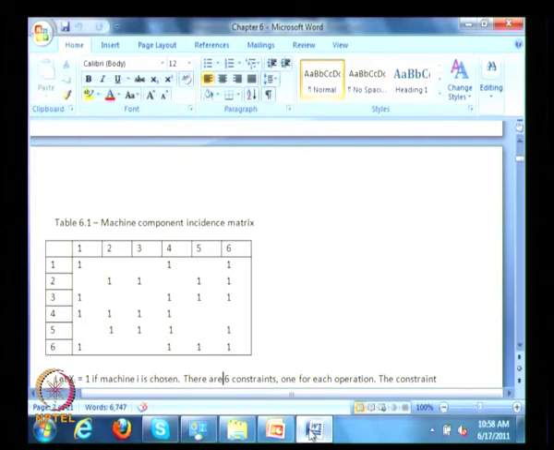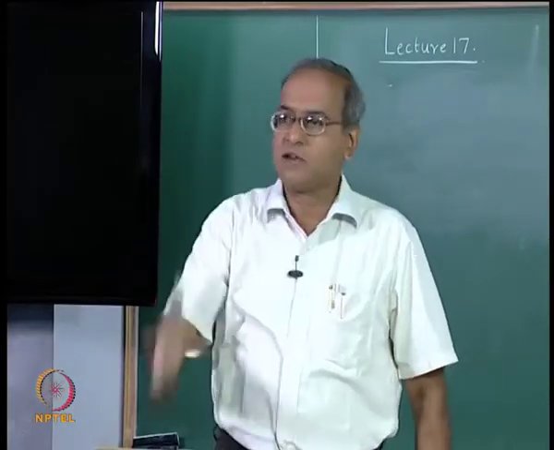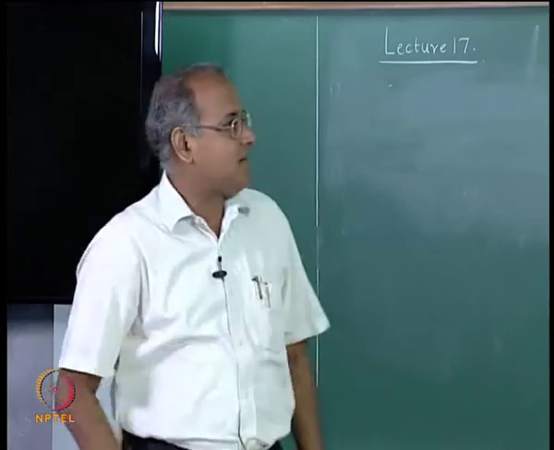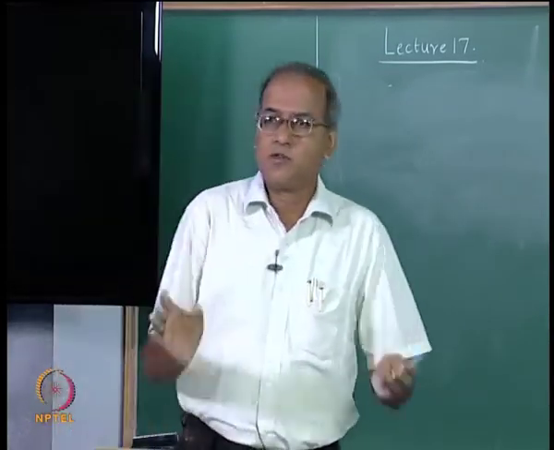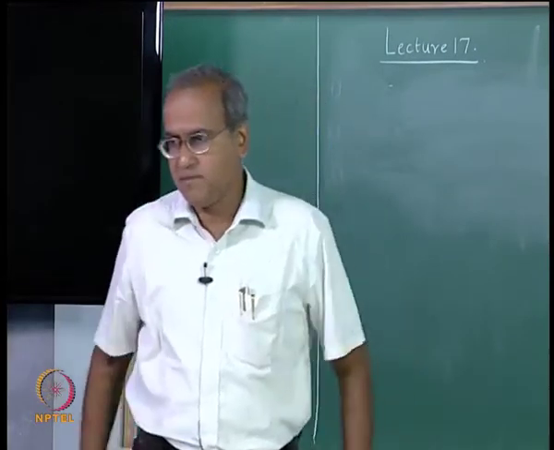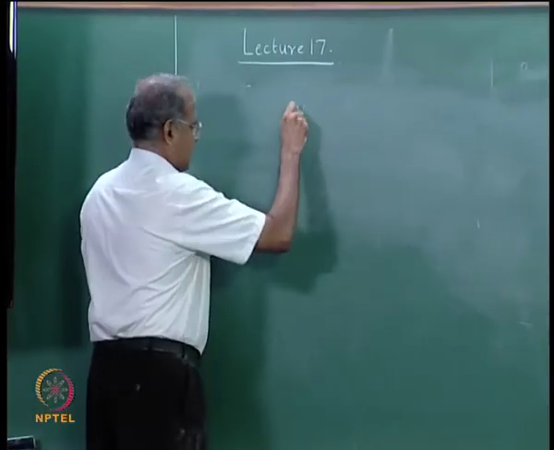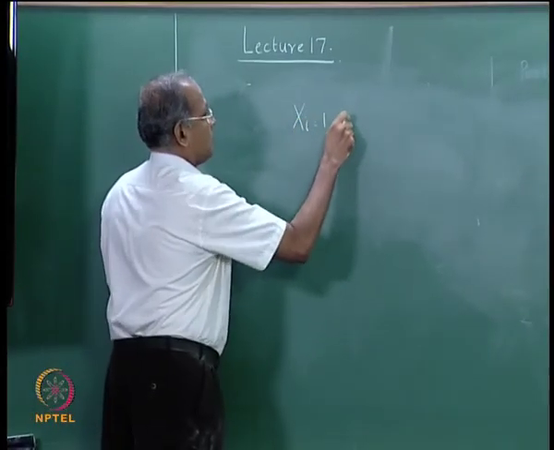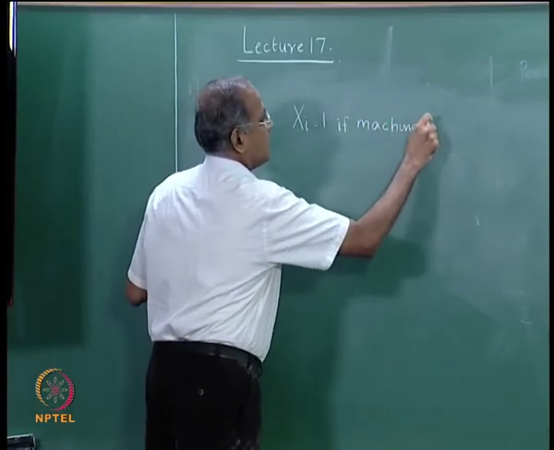It is enough that part j visits one of the machines where Aij is 1 in that column. So, what is the minimum number of machines that are required so that a cell can be formed and this product can be made? So, we have a simple formulation where xi equal to 1 if machine i is chosen.